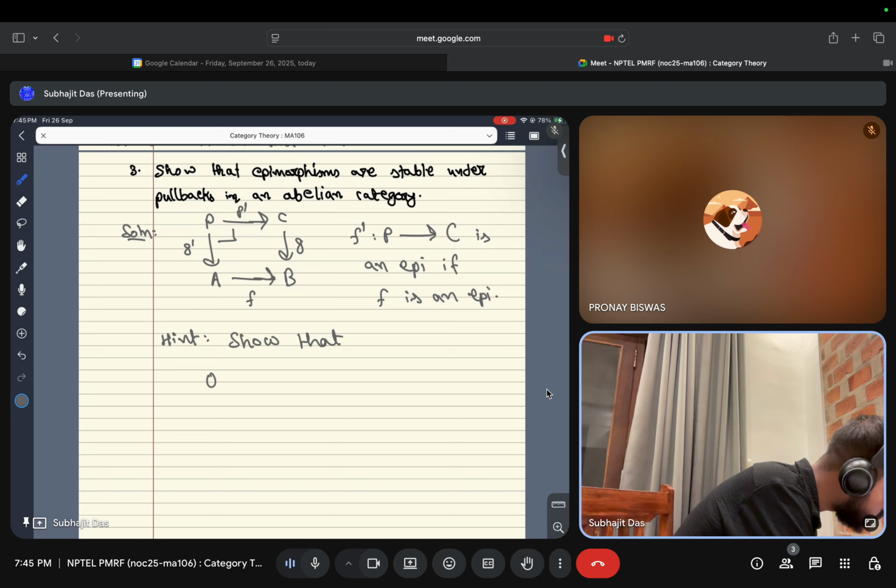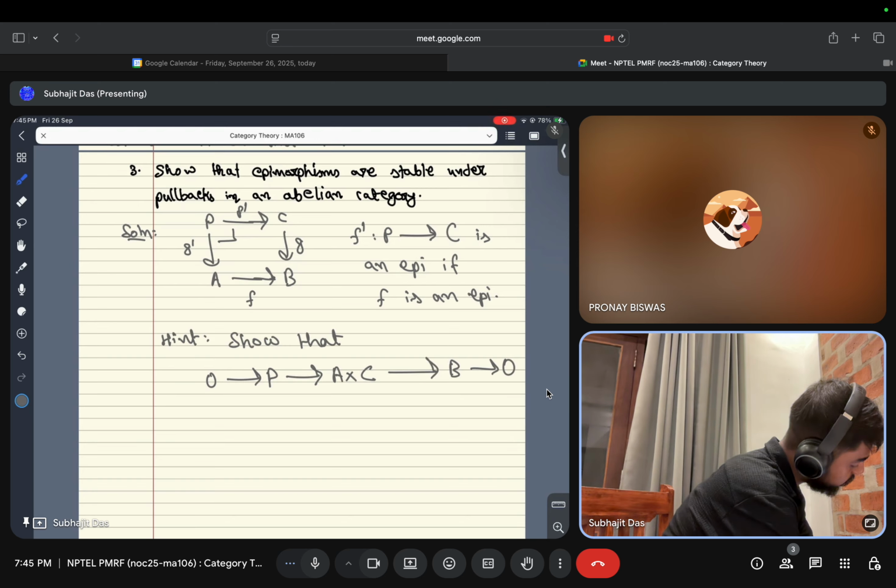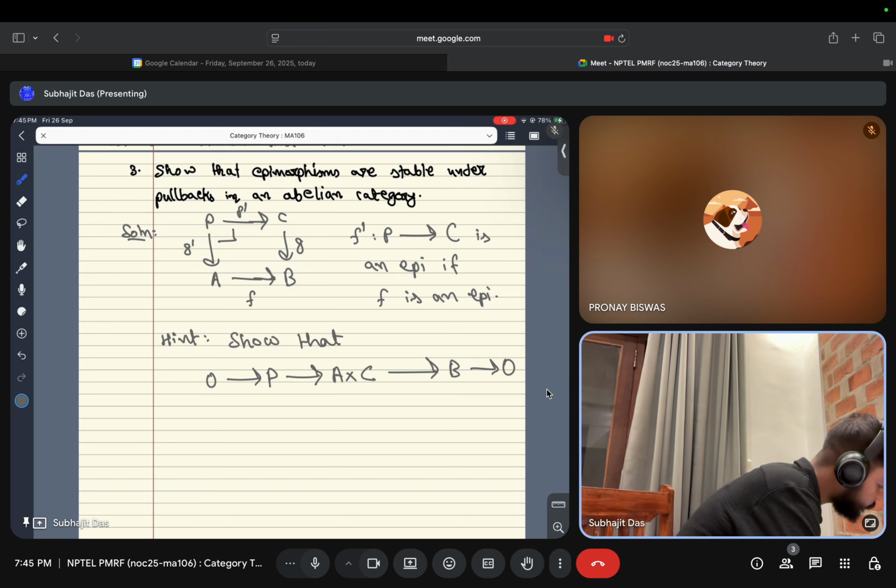0 to E to A cross C to B to 0 is an exact sequence. Is this correct? What map do we have from A cross C to B?